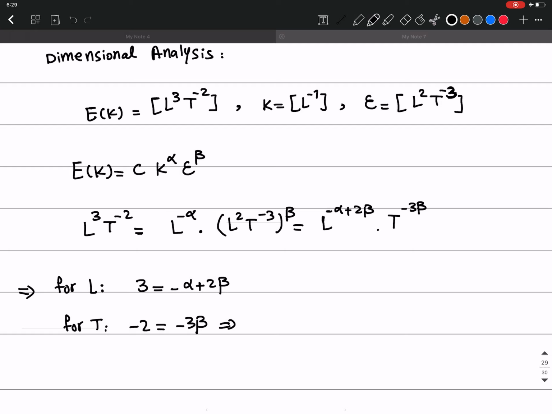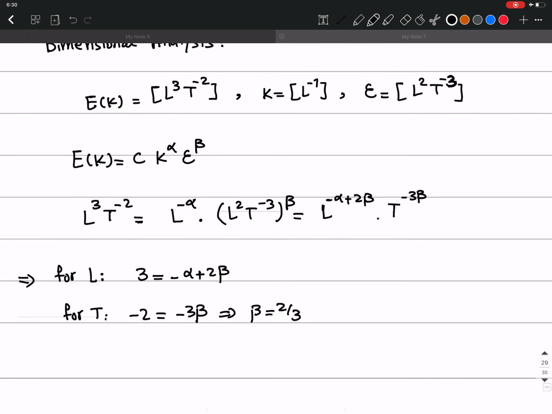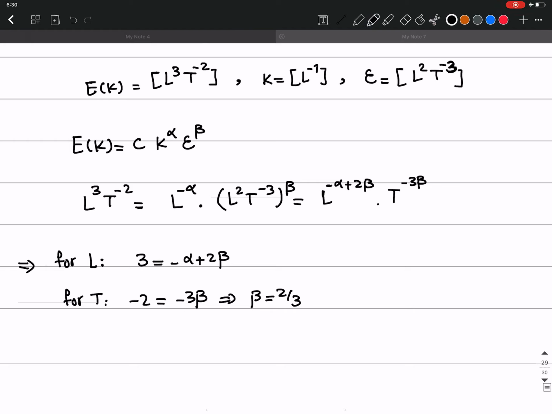So this means that beta should be 2/3, and thus I can substitute it in the first equation. So 3 equals minus alpha plus 2 times 2/3, which is 4/3. So alpha is going to be minus 5/3.